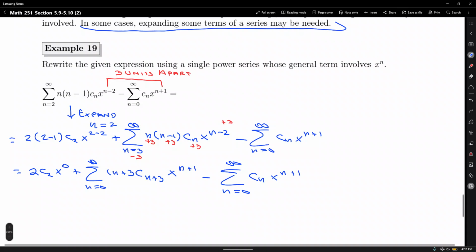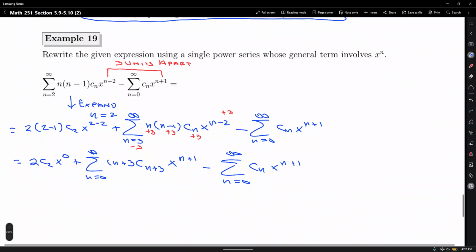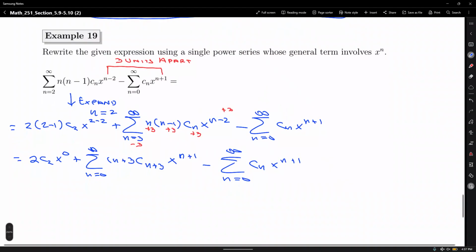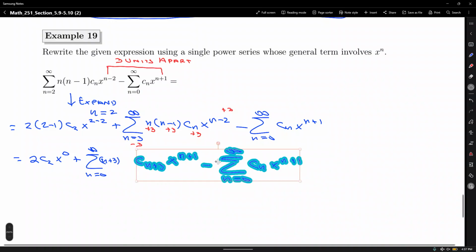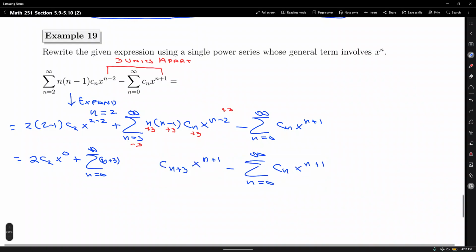Check the two series, guys. Can we combine them together? Can we merge them into one single one? Do we have the same starting index? Yes. Oh, whoa, whoa. Yes, that's n plus 3, you're right. Thank you. And n plus 2, right? So n plus 3, n plus 2.